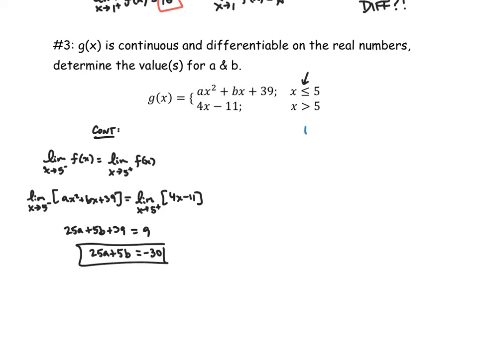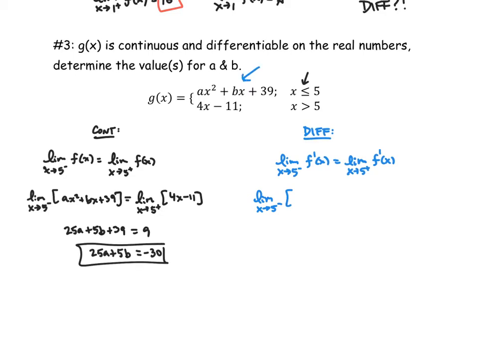Okay, let's look at differentiability. So with differentiability, I know that the limit as x approaches 5 from the left of f prime of x should equal the limit as x approaches 5 from the right of f prime of x. That means I've got the limit as x approaches 5 from the left of the derivative of this thing.